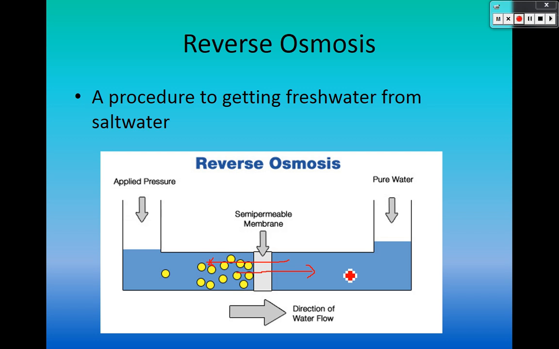So then what do you do with it? If you put that back into the ocean, it changes the ecosystem of that ocean. It makes it saltier. And as you know, back to ecology, different marine animals are adapted to certain amounts of salt. So then you're changing the ecosystem, and you're killing off organisms that depend on that environment.